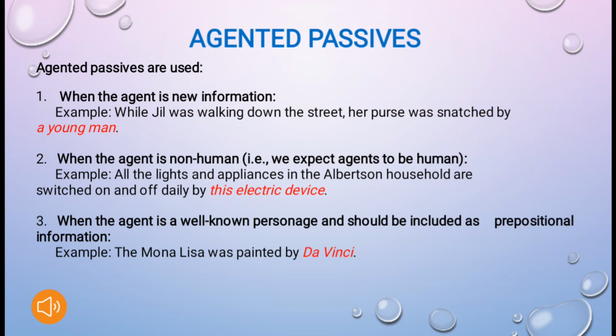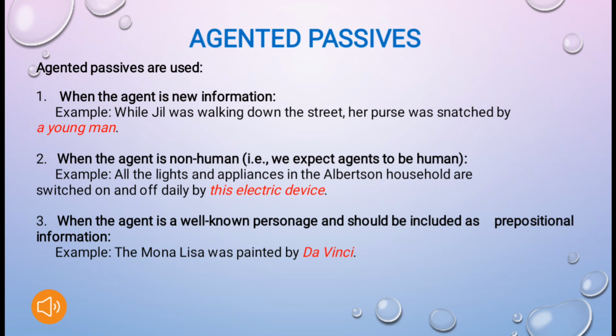For example, all the lights and appliances in the Albertson household are switched on and off daily by this electric device. So this electric device is the agent of this sentence. Why? Because it is not human, right?